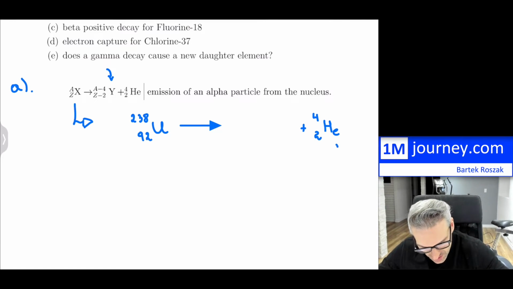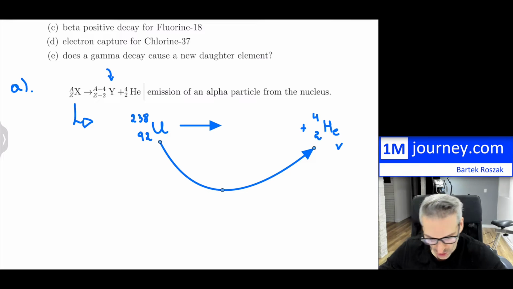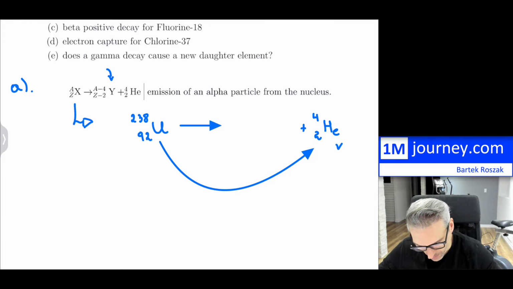So within this, notice that this will lose 2 of these right there, and it will also lose 2 neutrons as well. So therefore, if it breaks down, it's going to bring this back down, and it's going to have 234 as its mass. And the atomic number is going to drop down by 2.